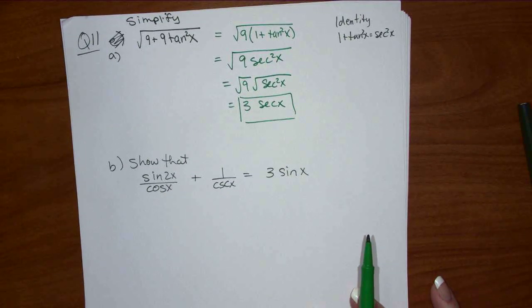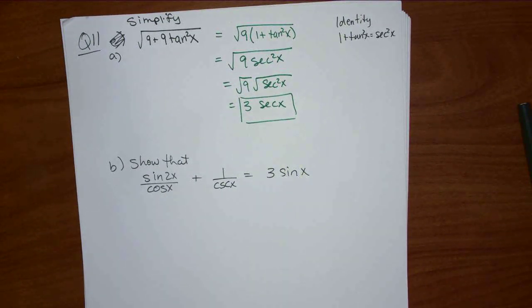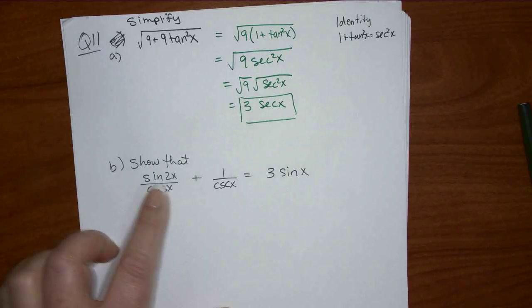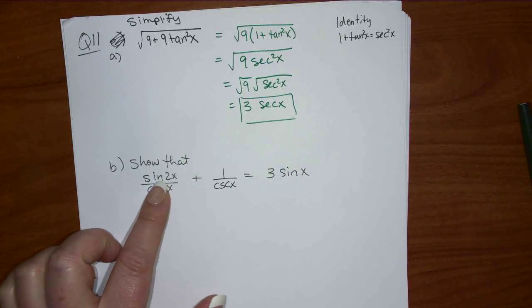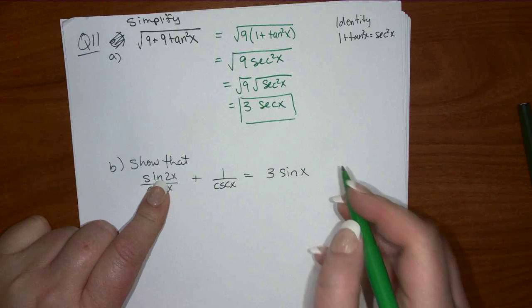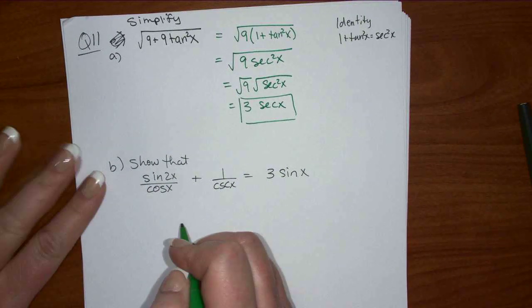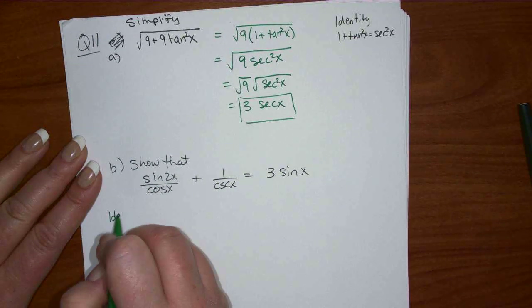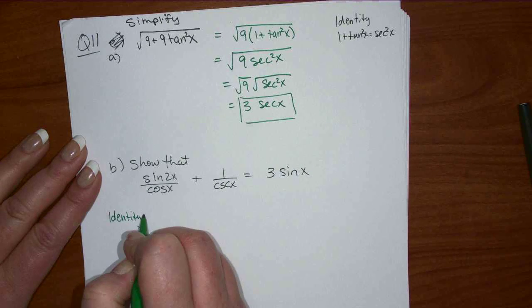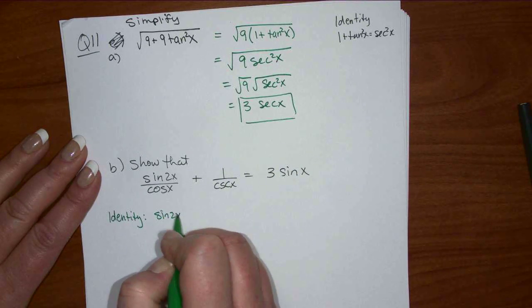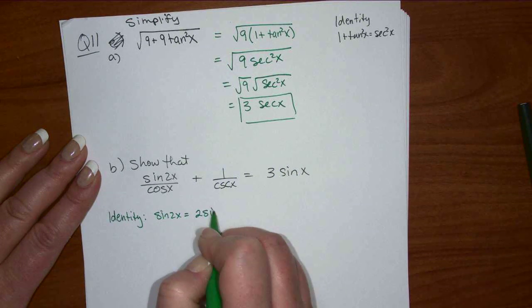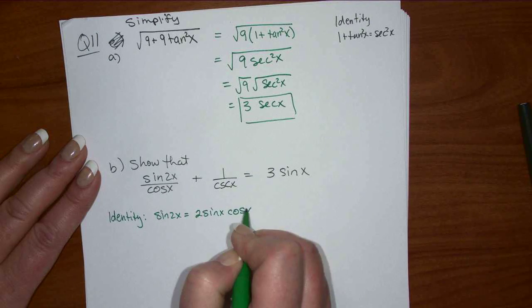Okay, so one thing is always the same. You need the argument of the trig, or whatever comes after the trig, to be the same, and we've got a sine 2x. You can't factor that out, but there is an identity for sine 2x. What's the identity? Sine 2x is equal to 2 sine x times cos x.